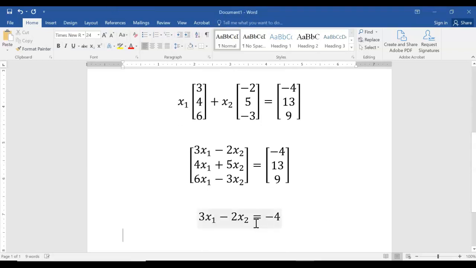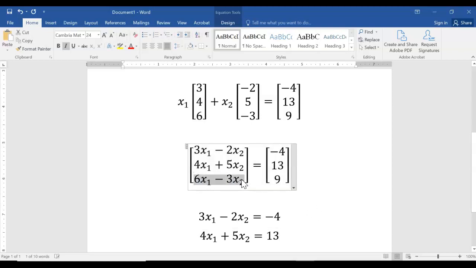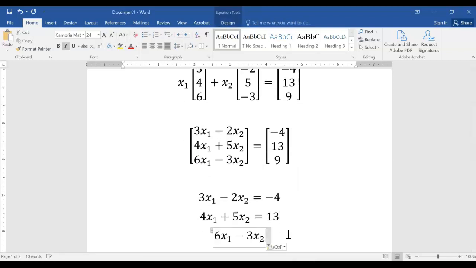So my first row gives me a linear equation in two variables. My second row gives me another linear equation in two variables, 4x1 plus 5x2 equals 13. And my last row gives me another linear equation in two variables.